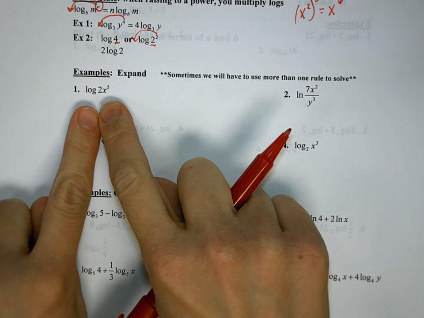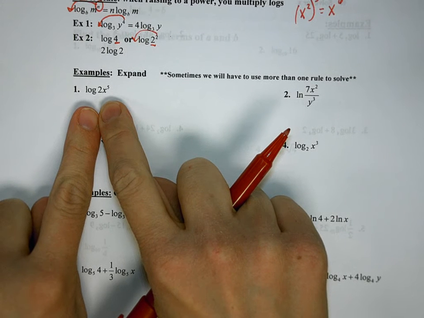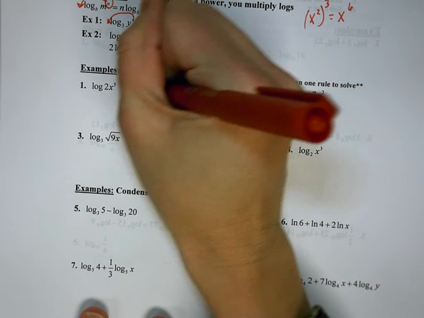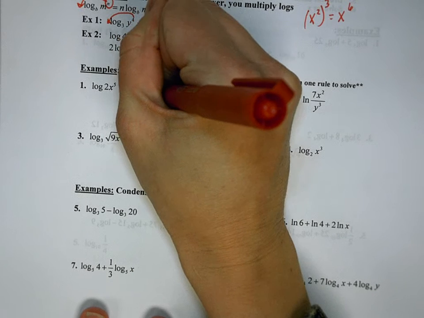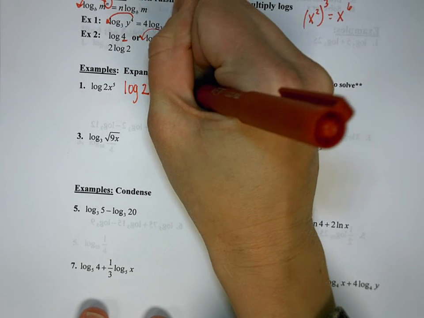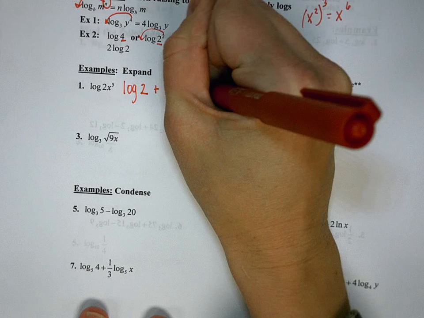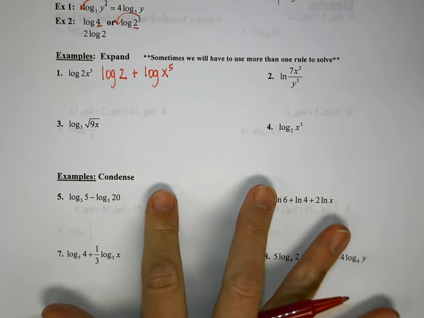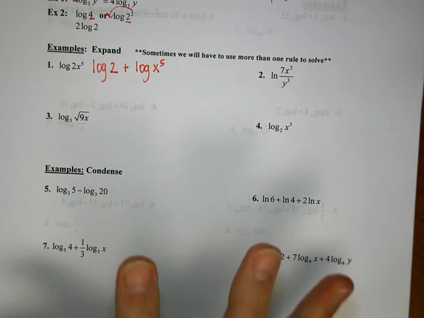When they're multiplying, we change that to what? Addition. So how will I write it? Log 2 plus log of x to the 5th. Good.